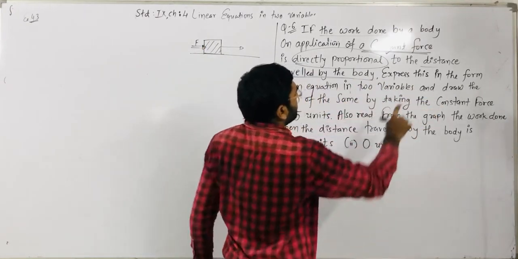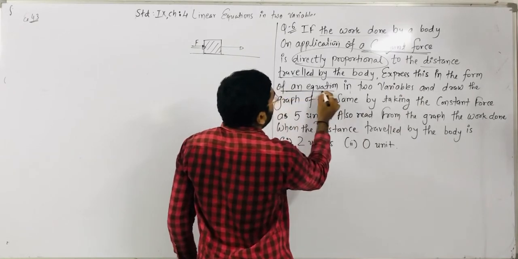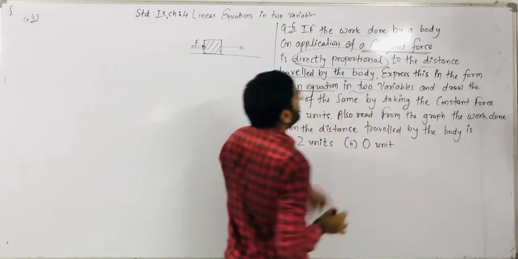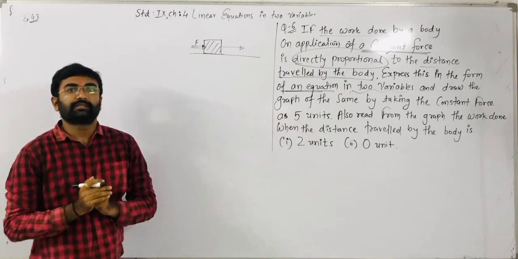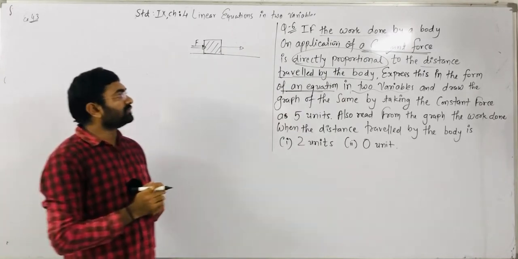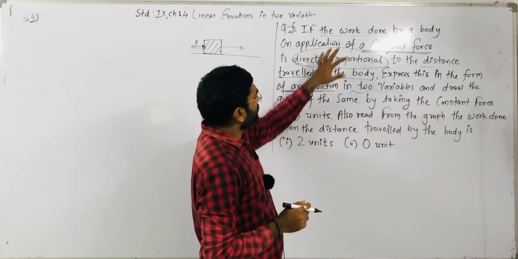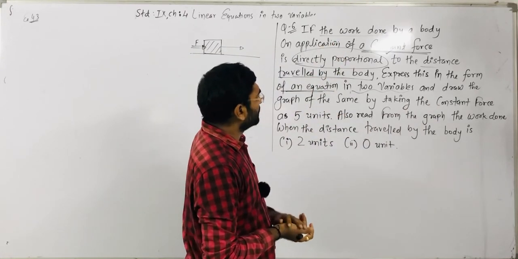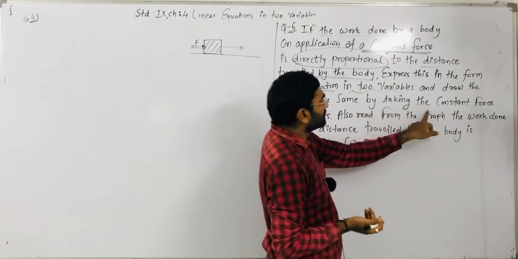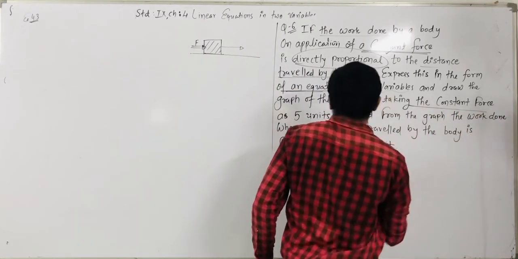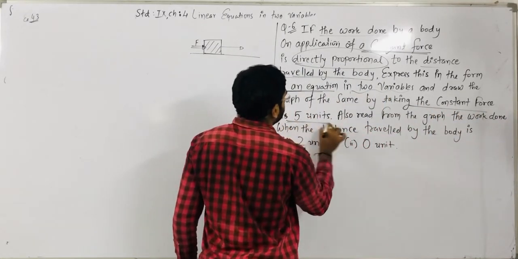Express this in the form of an equation in two variables. That situation we have to express as an equation in two variables, and draw the graph of the same. So for the same data we have to draw the graph, and they say to take the constant force as 5 units.